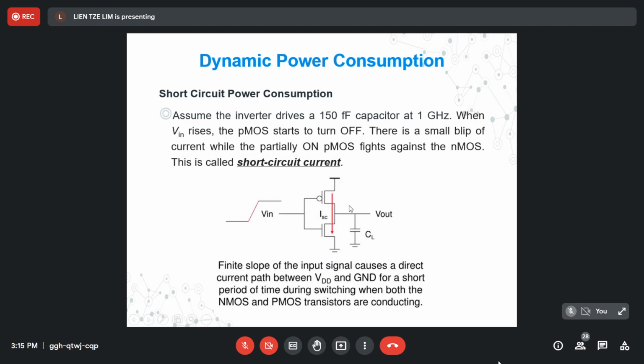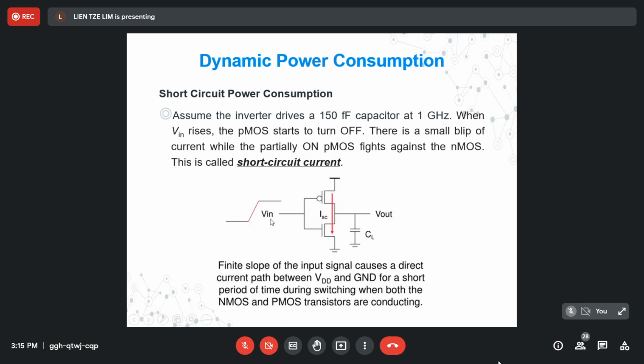Here there is a diagram given with the input from low to high. When the input is low, the PMOS is on and NMOS is off.